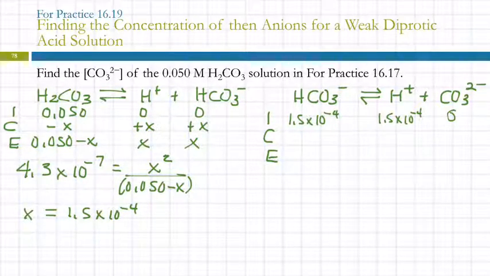And on the previous slide, this is what it was saying: if you're trying to find the anion formed by ionizing one proton, it's going to end up being the same as the hydrogen ion concentration. But we're looking for the one where we've lost both the protons. So again, we've got minus X, plus X, and plus X.